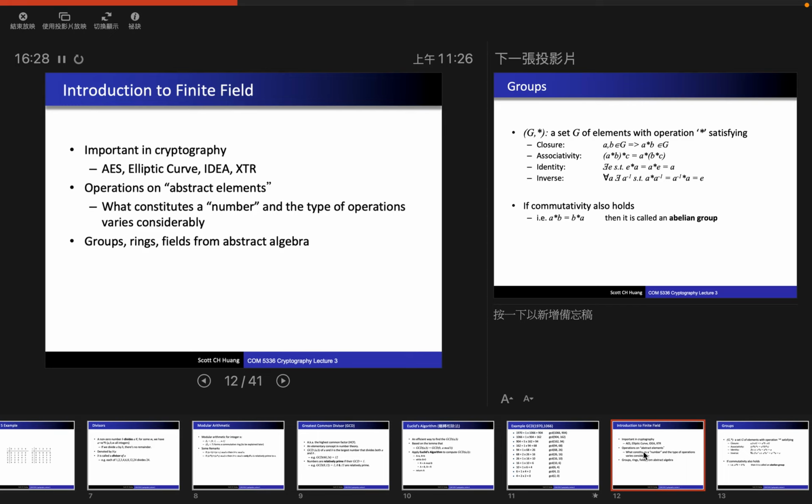Initially, mathematicians didn't know which assumptions were loose and which were strict. After a few hundred years of development, they realized what assumptions we really need, and finally came up with the idea of groups.